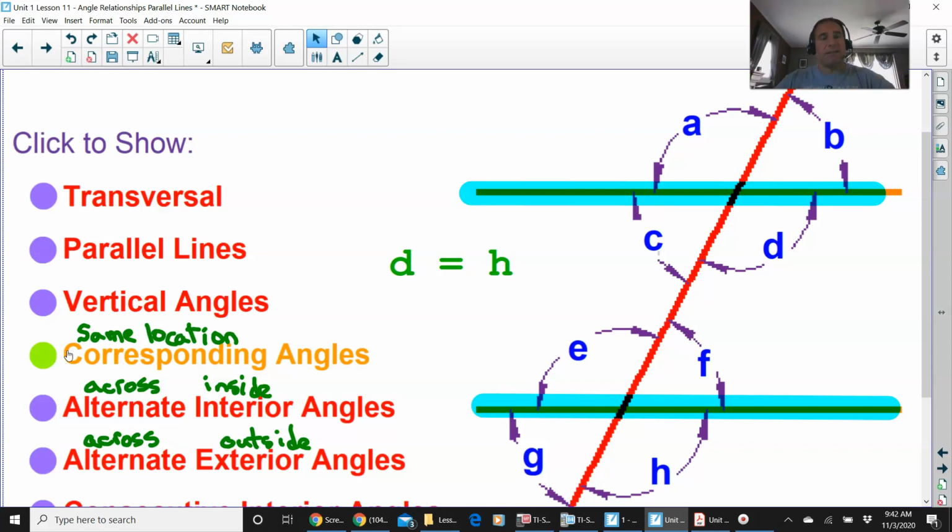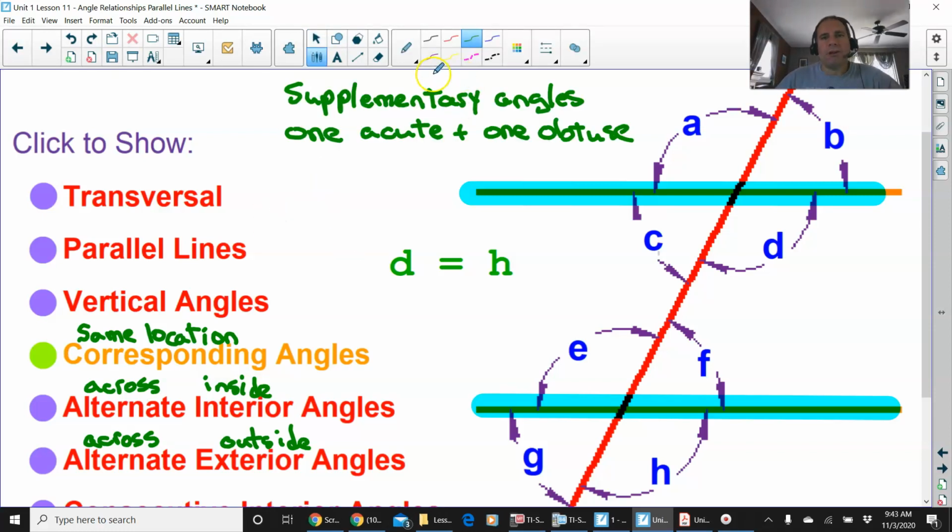It's not always like that, because supplementary angles can be 2 or more angles that equal 180. In this case, it's just 2 angles, so one has to be obtuse and one has to be acute. So I put that down, 1 acute plus 1 obtuse.